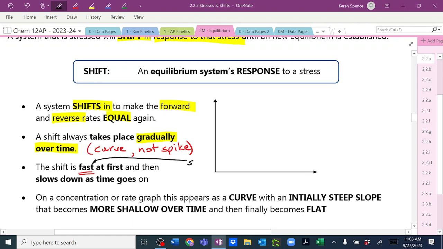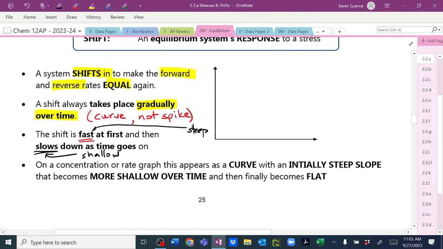It's going to be steep, and it slows down over time, and so then it will become more shallow. So we get an initially steep curve, more shallow over time, and finally it becomes flat, okay?